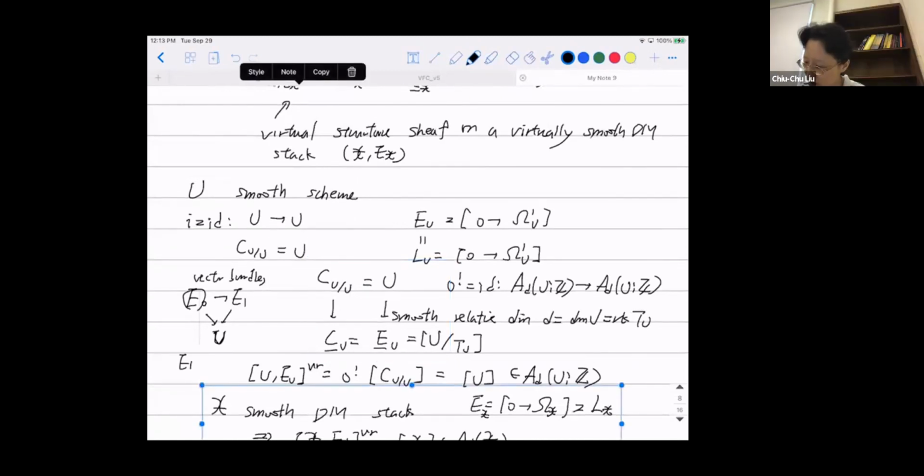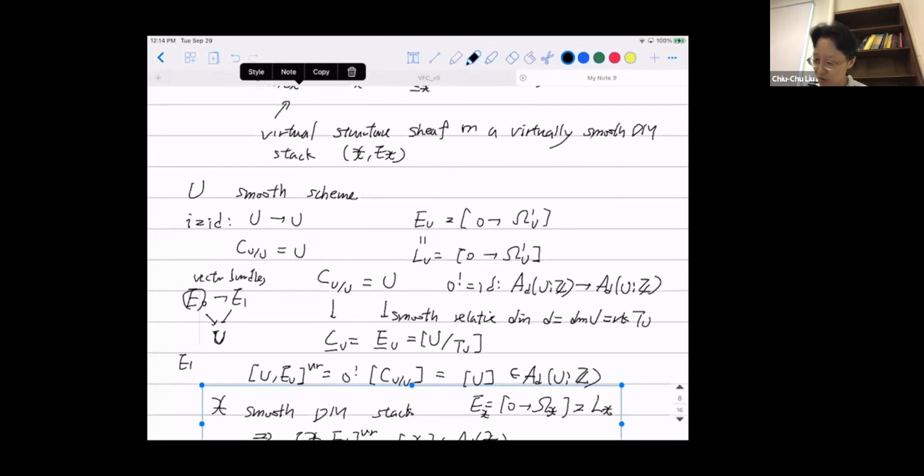So this is the geometric one. In the derived category, you can think of locally free sheaves, but this is the Spec of them.